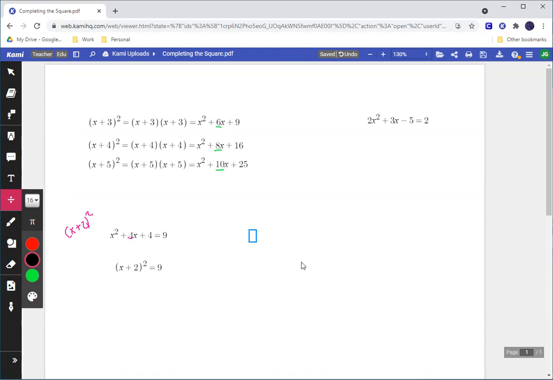Another thing that can add some complexity is if the center number is odd or if it's a fraction. So you may have equations like this, where you have an odd number in the center.